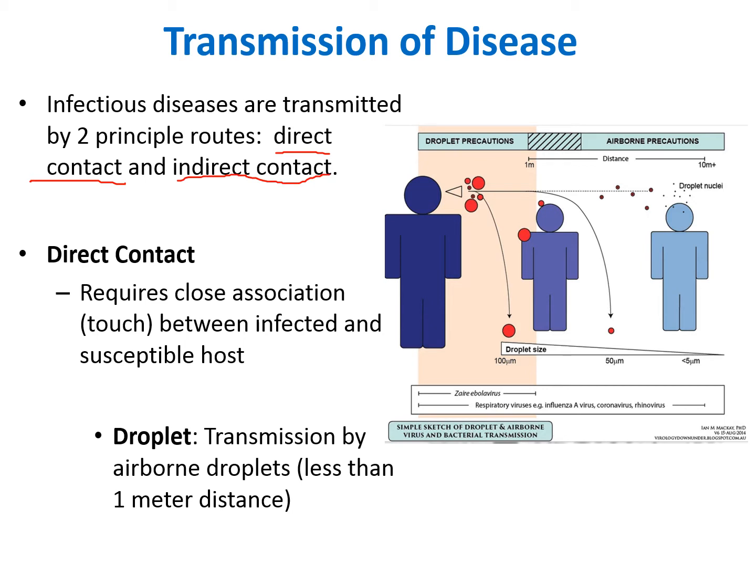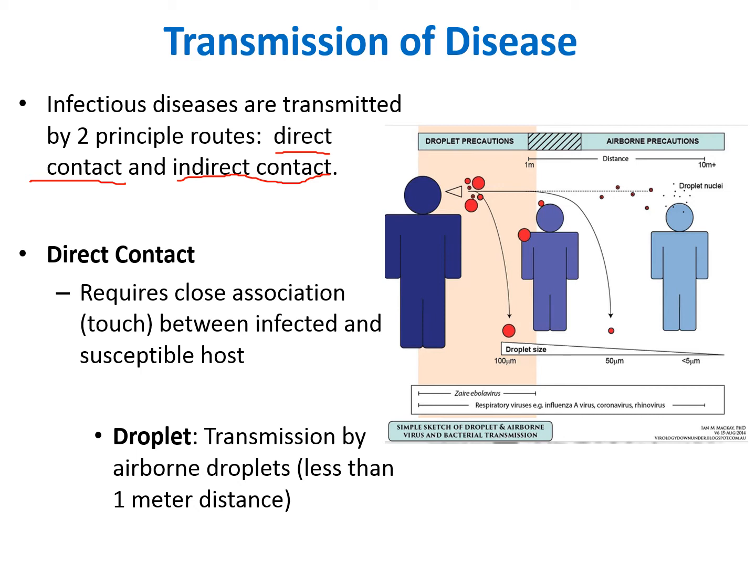In direct contact, a susceptible host has to touch the infectious agent directly. For example, let's think about sexually transmitted diseases like mono or gonorrhea, or think about ringworm. These are all contracted via skin-to-skin contact with infectious individuals.